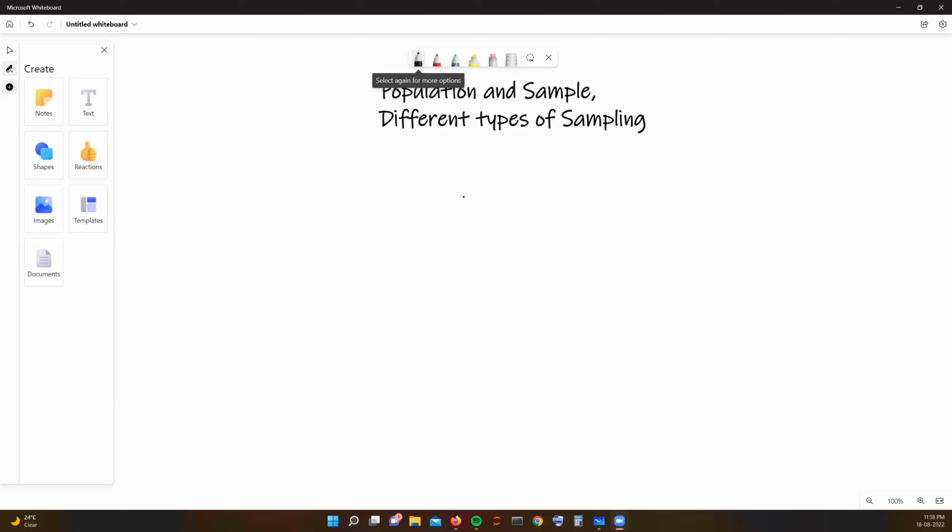So, why do we need population and sample? Let's take an example. Say there is an island that has 100K people, and you have been assigned a task to find the weight of these 100K people, so that you know the distribution of the weight, or the average weight of each person on this island.